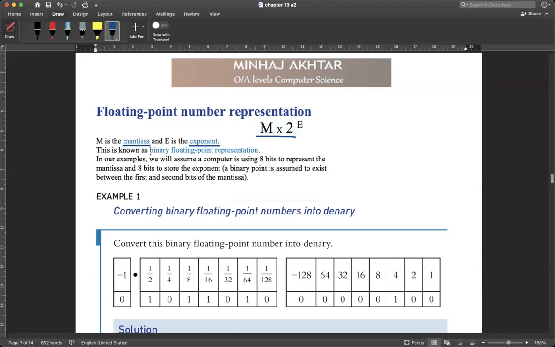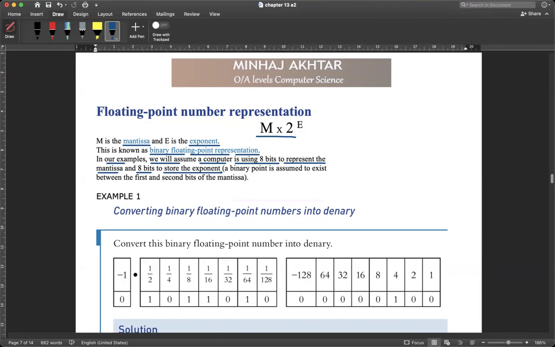This scenario is called binary floating point representation. It means that in this topic, we are going to represent binary, right? Just like we have done the conversions, binary to denary, denary to binary, binary to hexa, just like that, we have a topic of floating point. In our examples, we will assume a computer is using 8 bits to represent the mantissa and 8 bits to store the exponent.